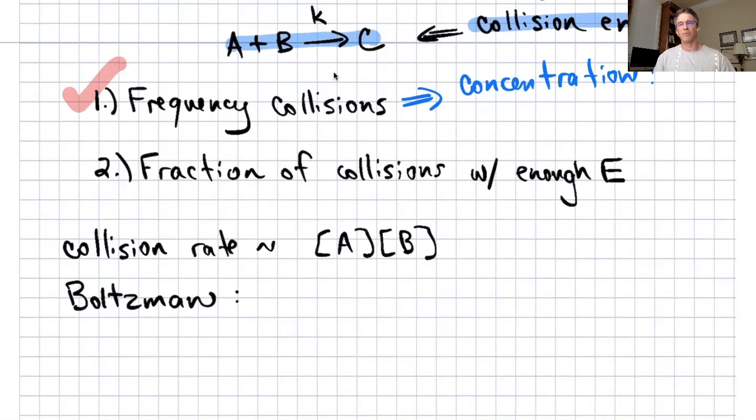The energy distribution of molecules in a system like this is an exponential function of some parameters, gas constant, temperature, and specifically the fraction of molecules with a particular energy, which I'll write down here in a second, is proportional to the exponential of that energy, which we're going to call E sub A, divided by RT, gas constant, temperature.